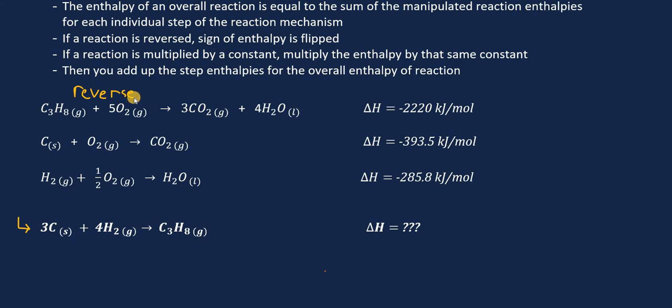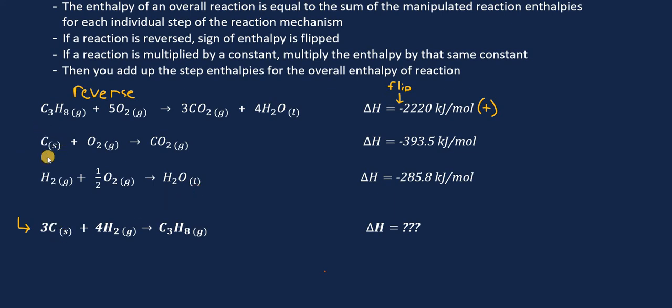So if I reverse this step, that would get me there. And we know that if we reverse a reaction, we need to flip the sign of the enthalpy value. So here, the enthalpy value was negative, but since we reversed the reaction, we're going to change that negative into a positive.